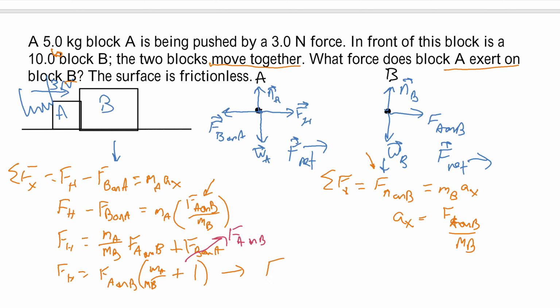So I'll have FA on B equals the force of the hand divided by the mass of A divided by the mass of B plus 1, all in the denominator.